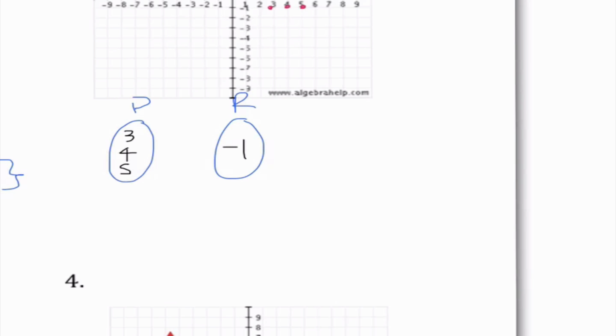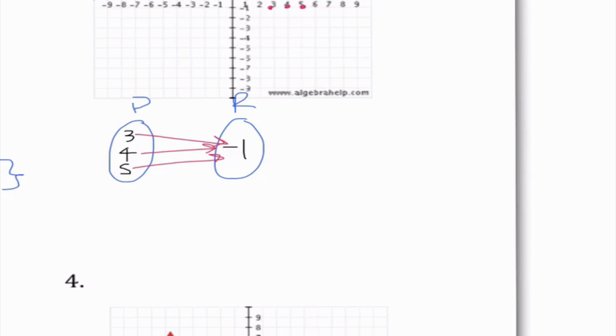Last way I'm going to show is with mapping. So the ordered pairs were 3, -1, 4, -1, and 5, -1. What I want to point out here is that even though all these arrows are going to -1, this is a function because each domain value, each input, only has one output.